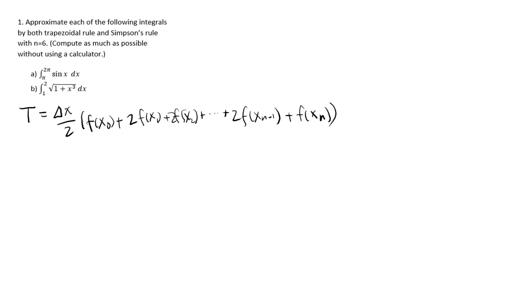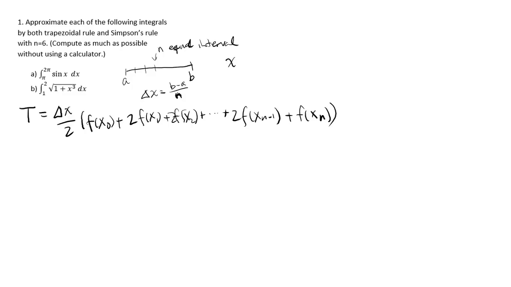And I hope you still remember what x naught and xn are. Basically, if you're given an interval a to b, you divide it into n equal intervals. Since you have n equal intervals, the size of one interval is delta x, which is b minus a over the number of intervals. So b minus a gives you the length of the interval, and if you divide by n, you get the size of one interval.